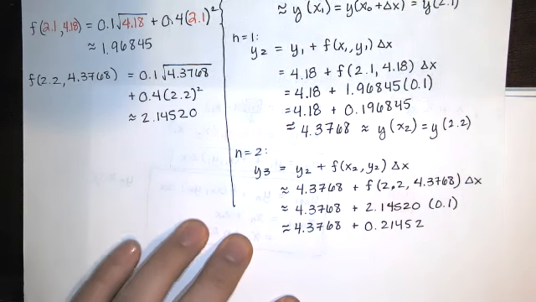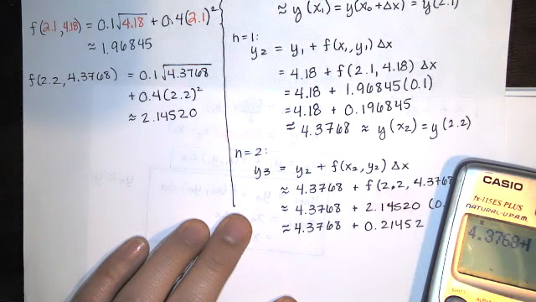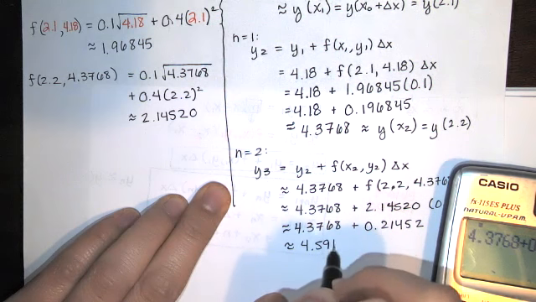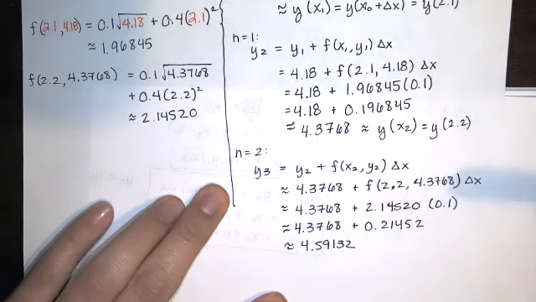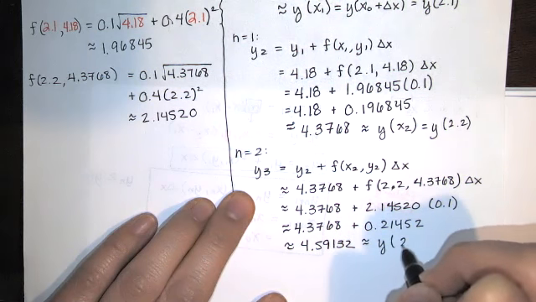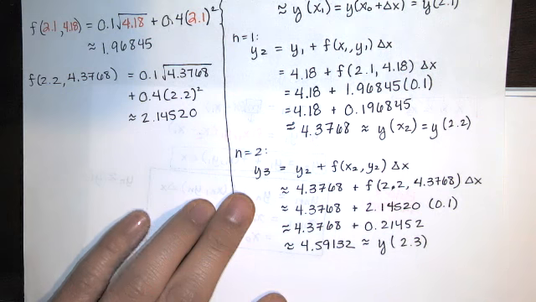Okay, if we add these together, this is what we get, approximately 4.59132. And this is an approximation to the solution curve at x equals 2.3.